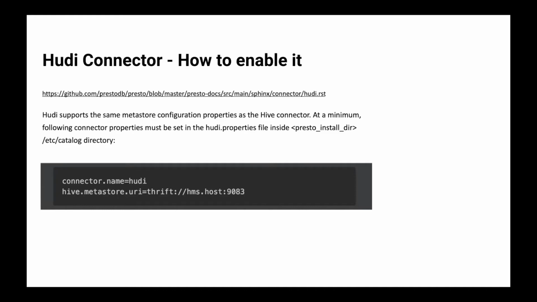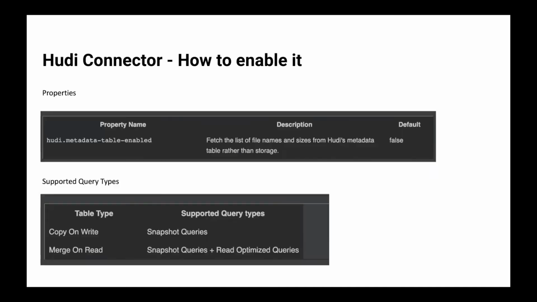Like other connectors, we can just add a config file in the etc catalog directory and add the minimum configuration in the picture. Then we just restart the Presto server. Now we can query Hudi tables by Presto.